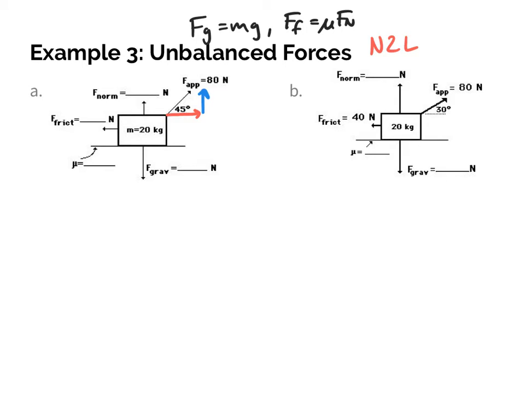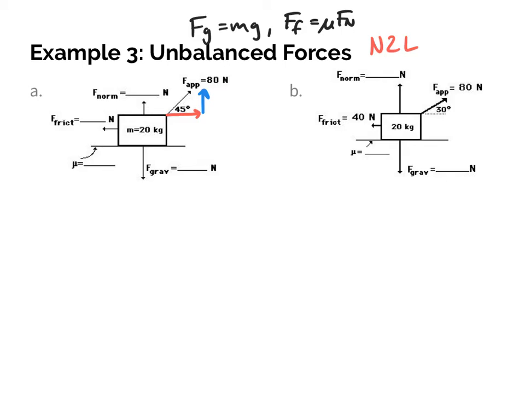Normally when we did diagrams like this, we always said that the force of gravity was balanced out by the normal force, especially on a level surface. But in this case, because there's an upward component, we can no longer say that. The upward component is going to take away from that normal force.